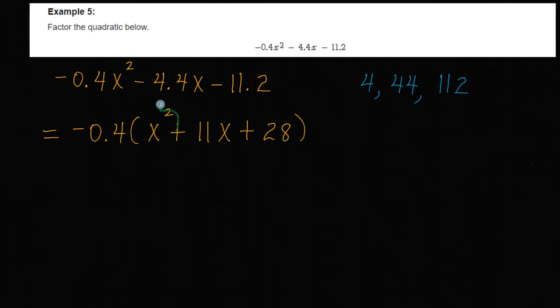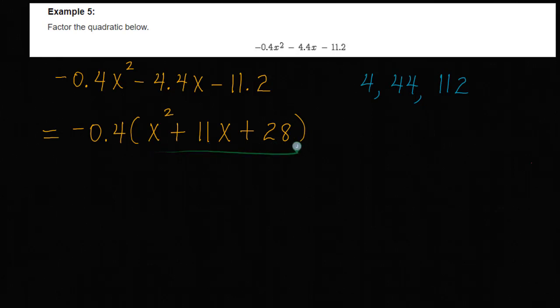You can obtain negative 0.4x squared. Negative 0.4 times 11x, you're going to be able to obtain negative 4.4x. And if you multiply negative 0.4 times 28, you will obtain negative 11.2.